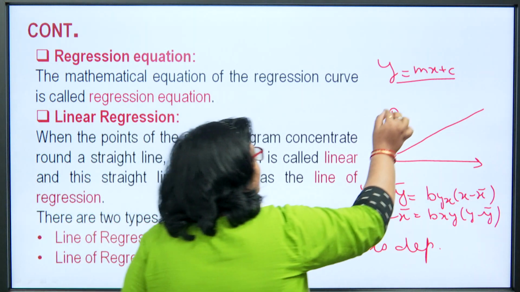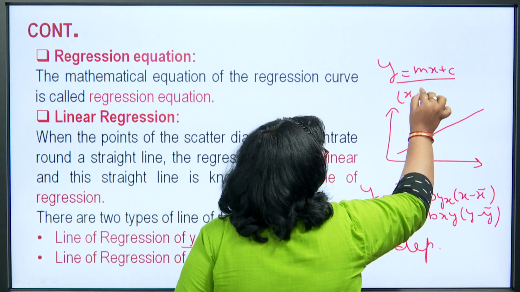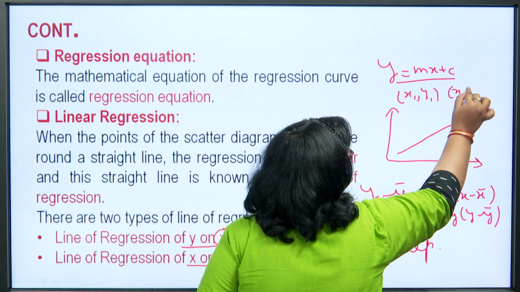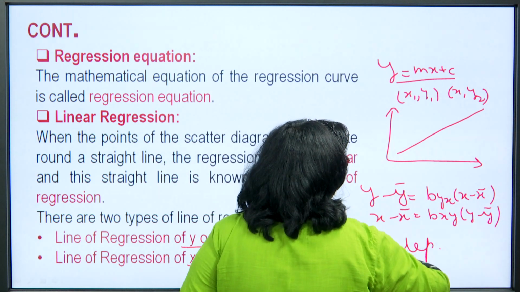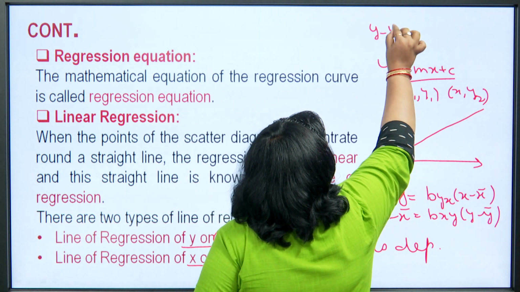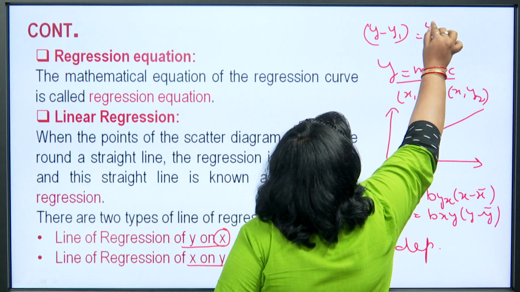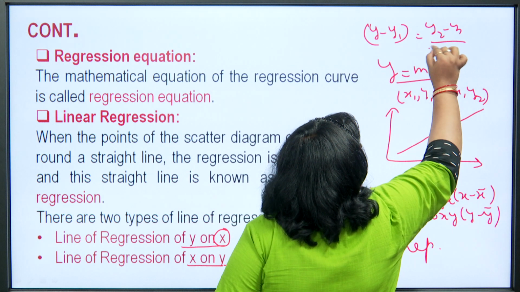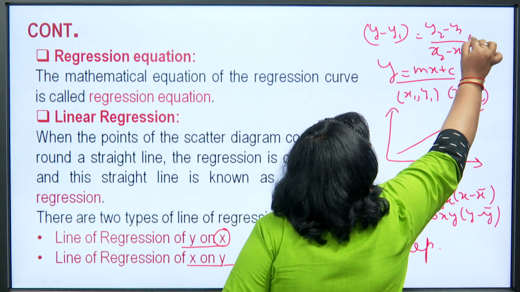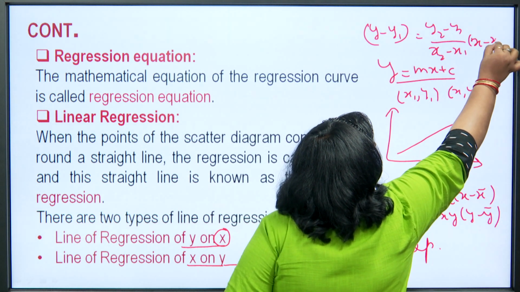If we have two points x1 y1, x2 y2, we write the line of equation as y minus y1 is equal to y2 minus y1 upon x2 minus x1 times x minus x1.